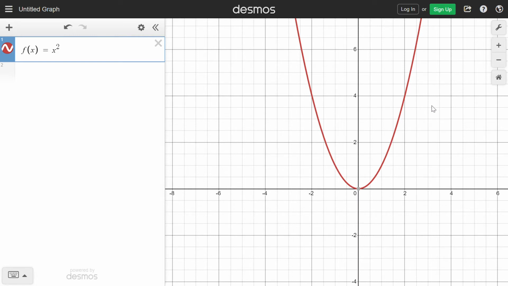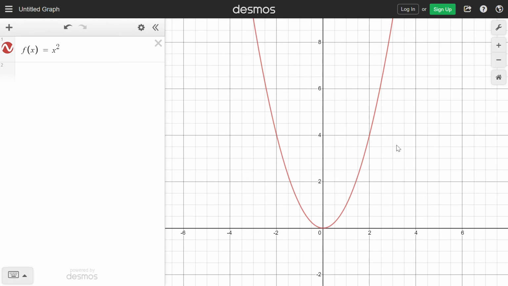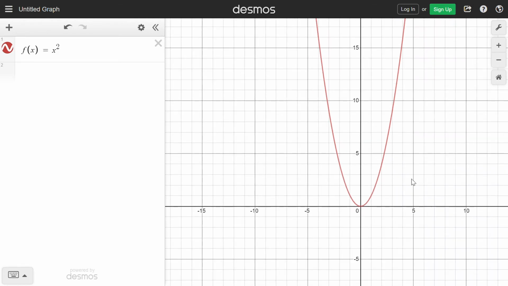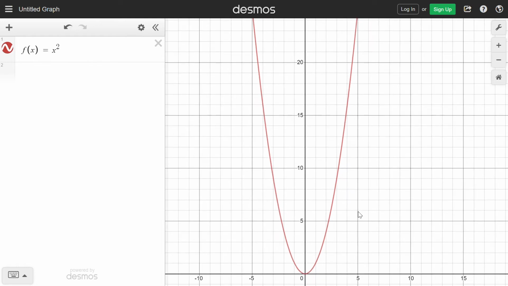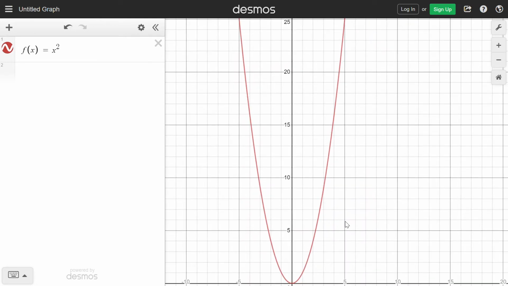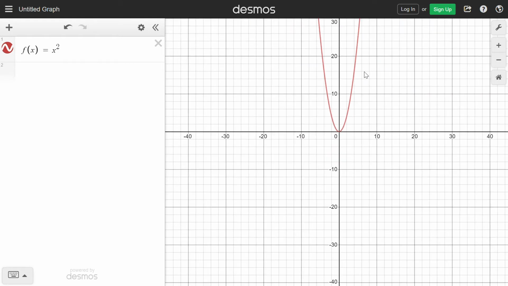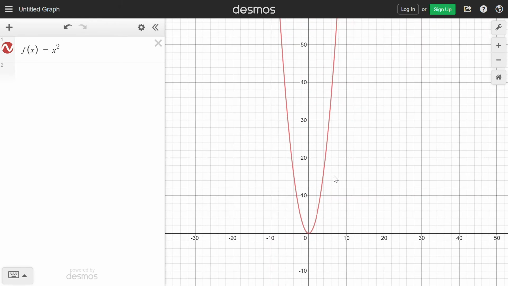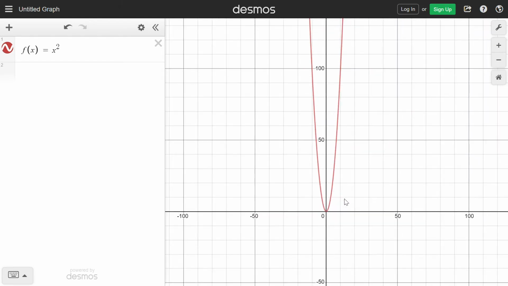Let's zoom out a wee bit more. What do we think it's going to be for the coordinate 5? Are we going to just get it in? 5 squared, the y coordinate is 25. And what you'll be able to see is very quickly the numbers on the y-axis start to increase.